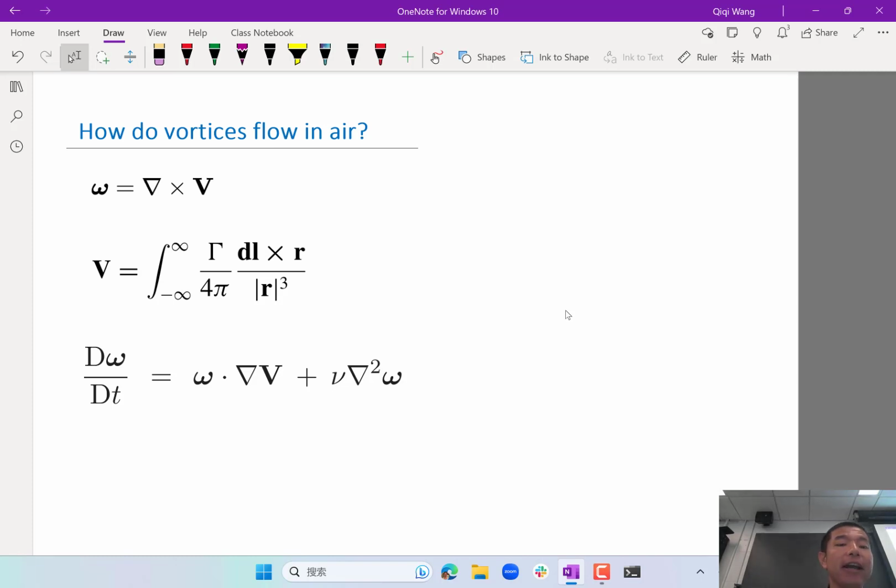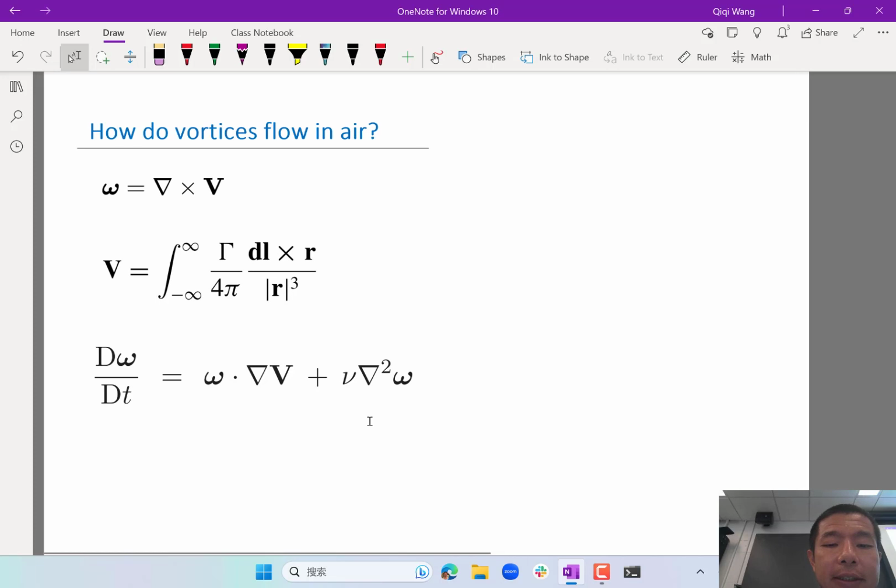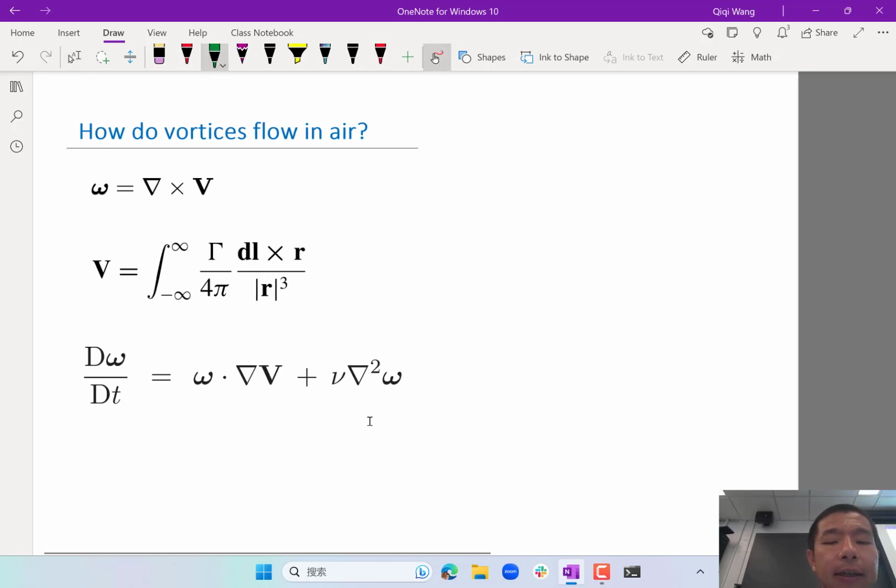So here is the important equation. Again, this equation is assuming that the velocity induced by vortices has divergence equal to 0, and the equation over here that governs the evolution of vorticity is assuming rho is equal to constant.